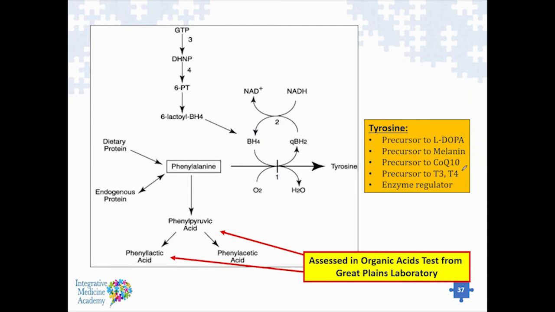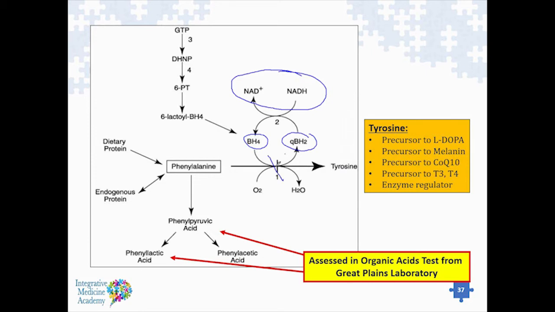I already mentioned that tyrosine supports thyroid function. It also has a regulatory effect on various enzyme systems throughout the body. So if these systems are being blocked, it could be that we've got a deficiency of BH4 because we've got some kind of mitochondrial problem, affecting the recycling of BH2 to BH4.